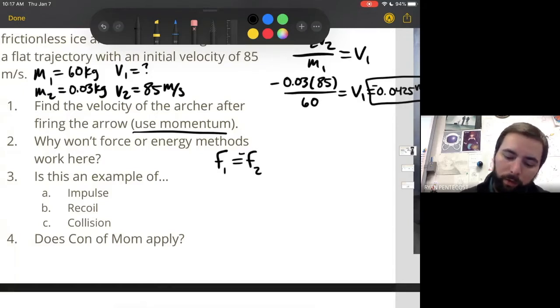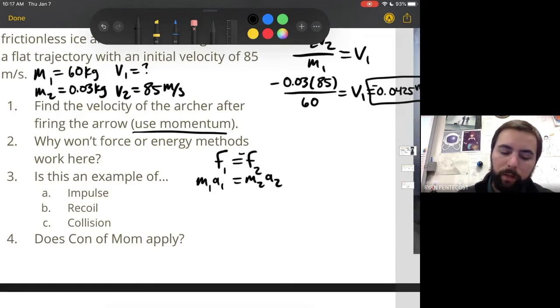So M1 A1 would equal M2 A2. Same ones and twos: mass of the archer times the acceleration of the archer equals mass of the arrow times the acceleration of the arrow.